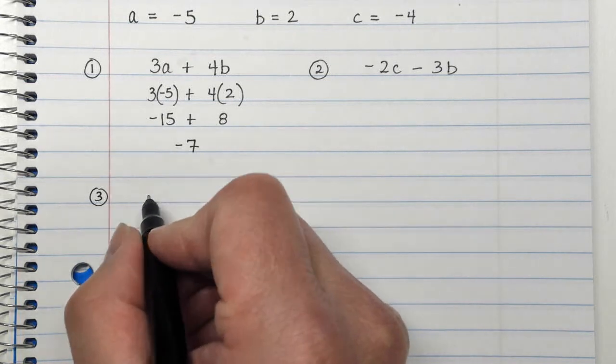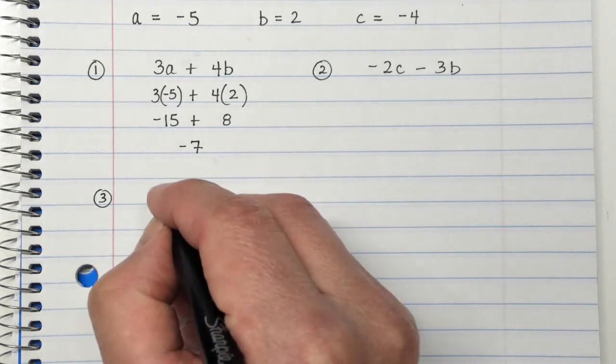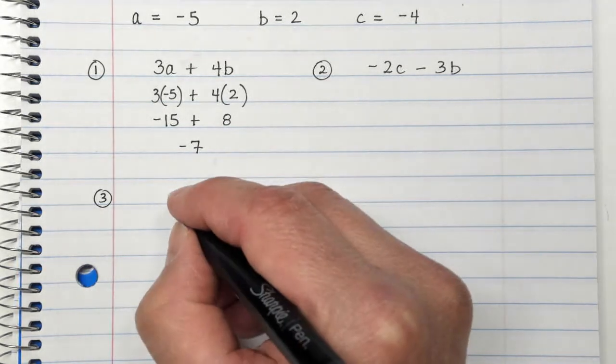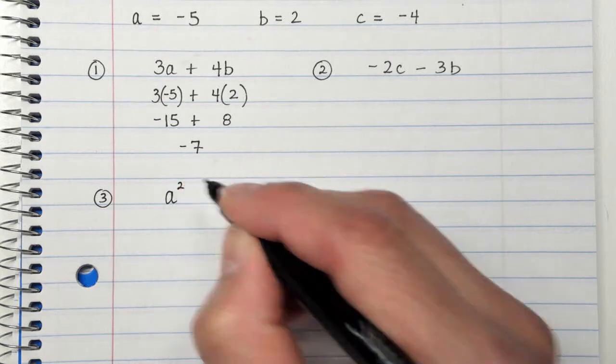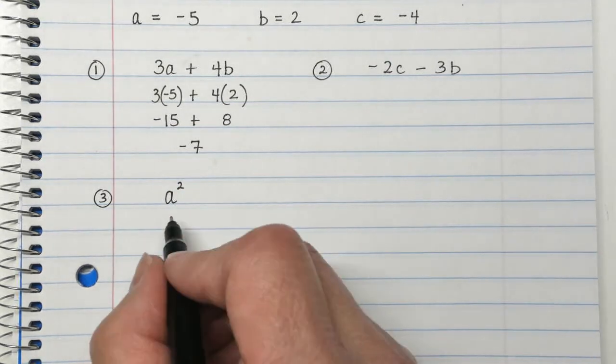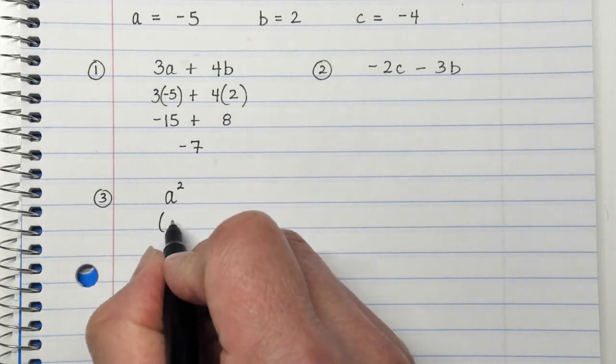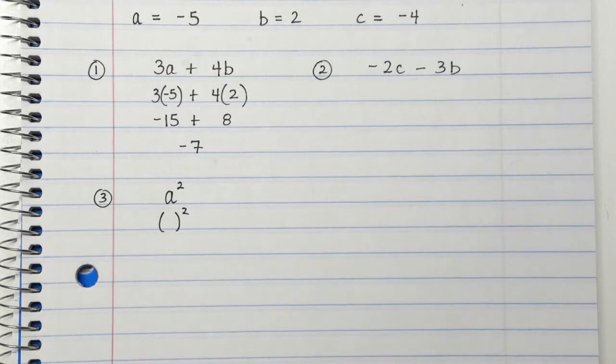Okay, next example. Let's talk about exponents. A squared. So you're going to replace that A with whatever it is. It's a -5.